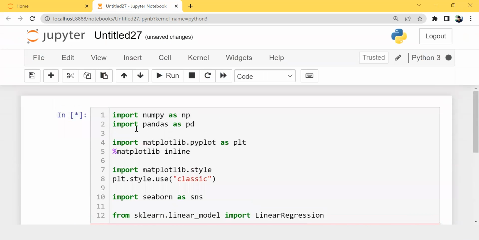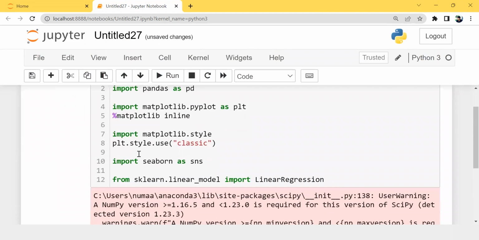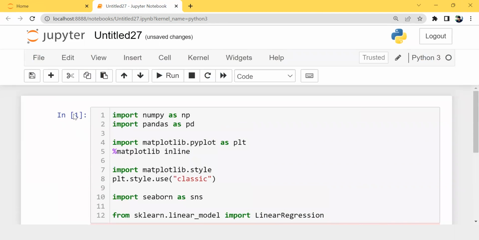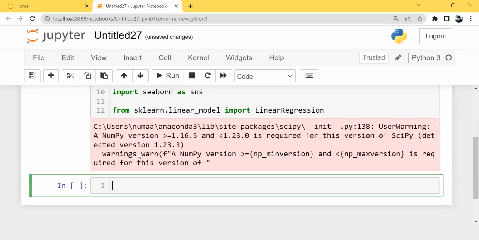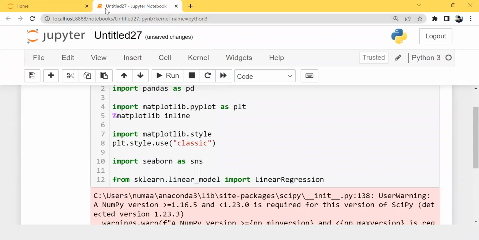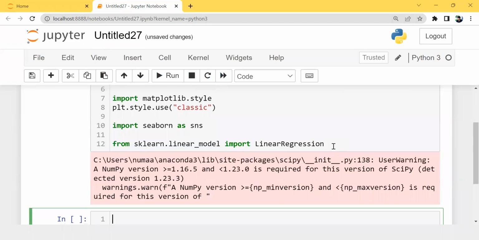When we get rid of this star or asterisk symbol, then we can confirm that this particular cell has successfully run. You are observing the lack of star here, so you can confirm that it has successfully been executed.